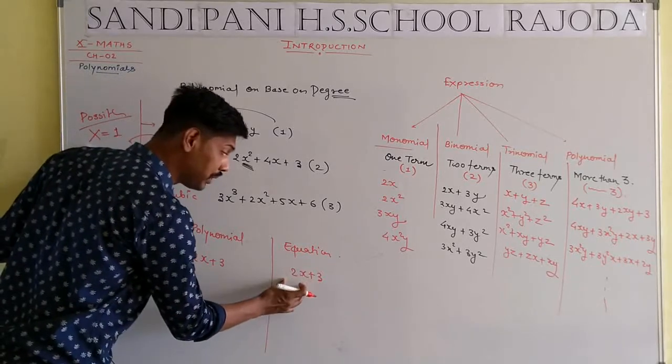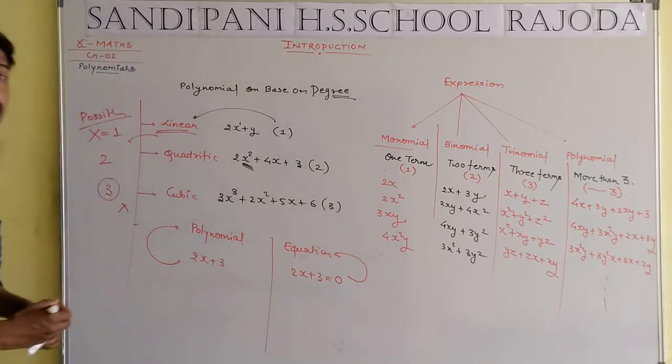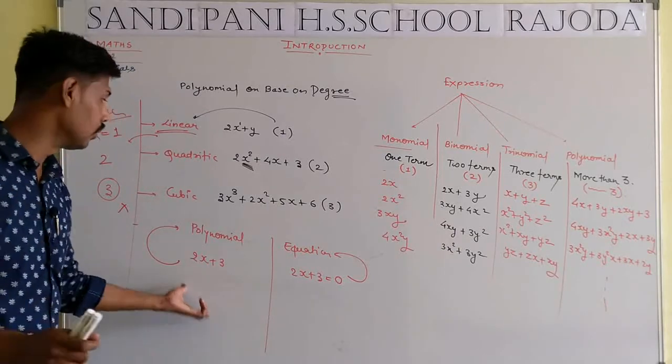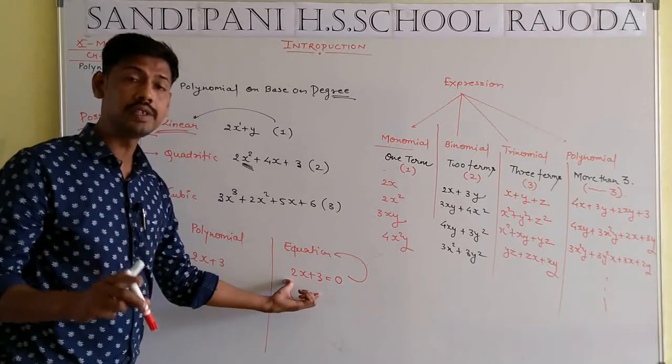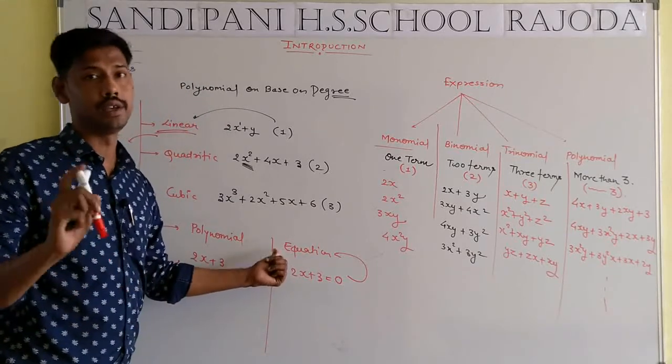But when the expression consists of LHS and RHS both, it is known as an equation. I repeat: an expression with only LHS is a polynomial, but an expression with LHS and RHS both is represented as an equation.